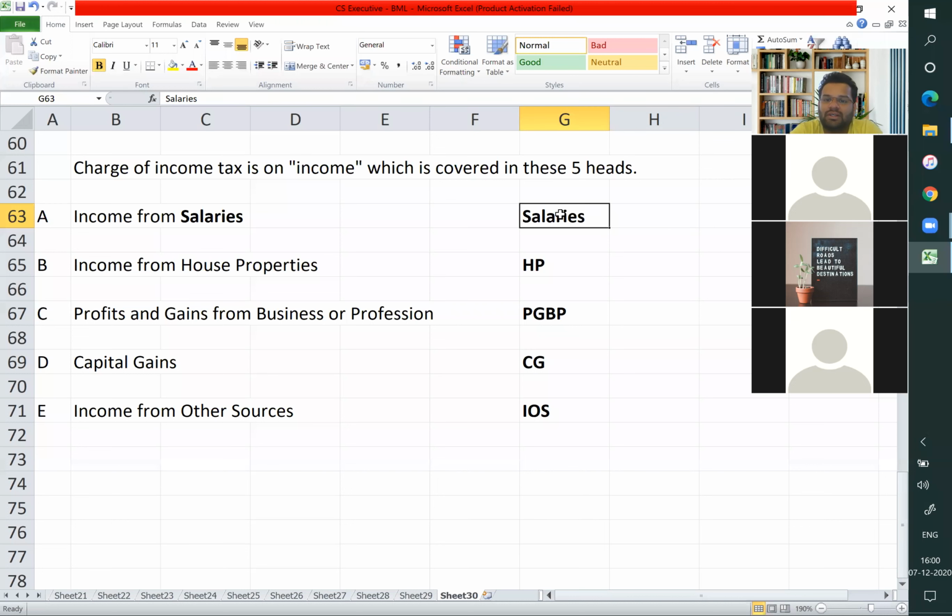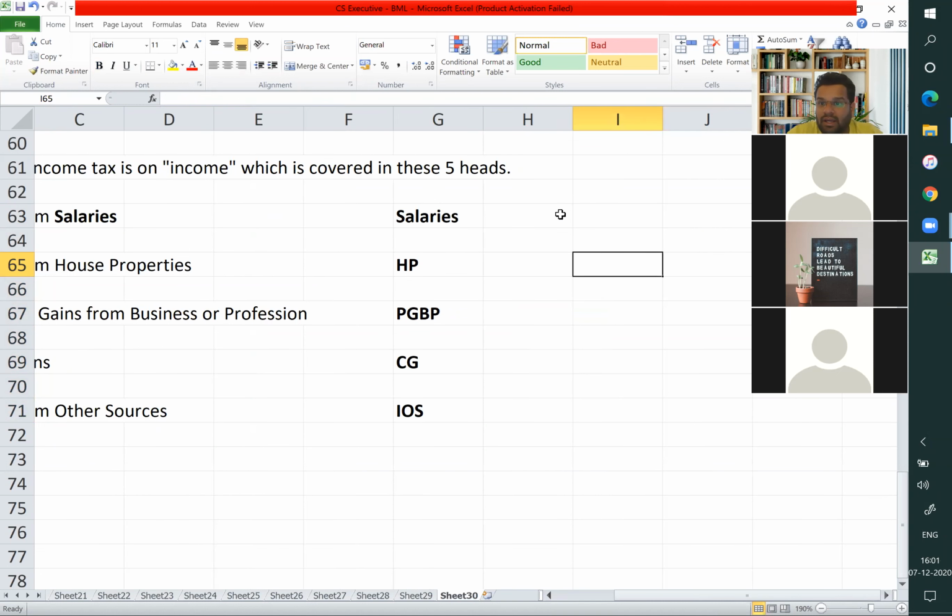So mostly others will have income from one of these 4 heads or multiple of these 4 heads. So let me tell you what every head means to some extent. Of course, our discussion in coming days will be about these heads of income only. Salaries is covered in section... What I am writing here, check.